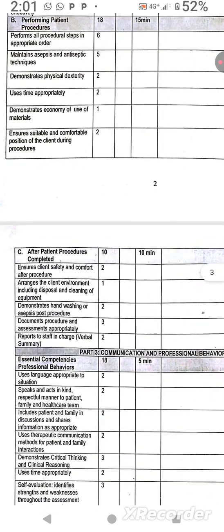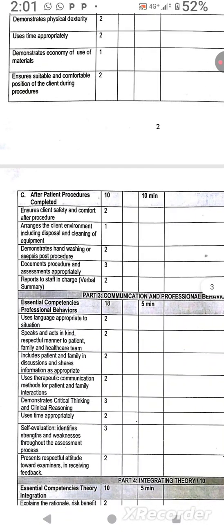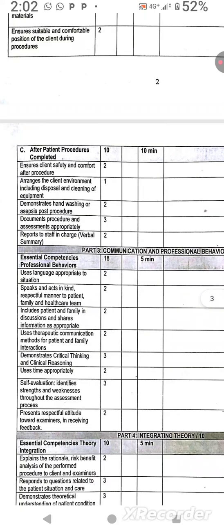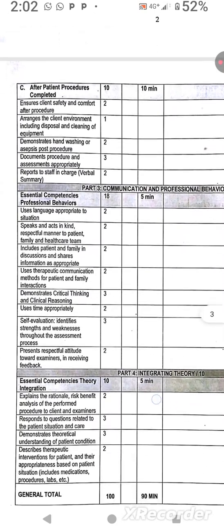Perform patient procedures, performing all procedural steps in appropriate order. Maintain asepsis and antiseptic technique. Demonstrate physical dexterity. Use time appropriately. Demonstrate economical use of materials and a suitable, comfortable position for the client during the procedures.